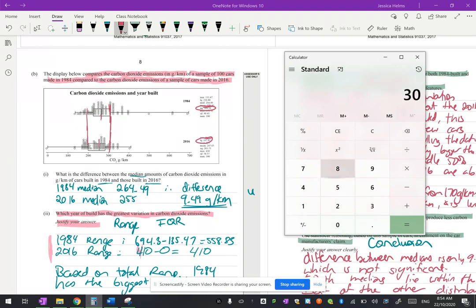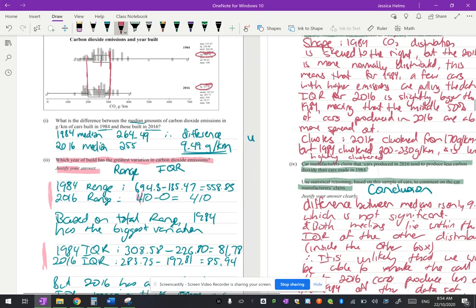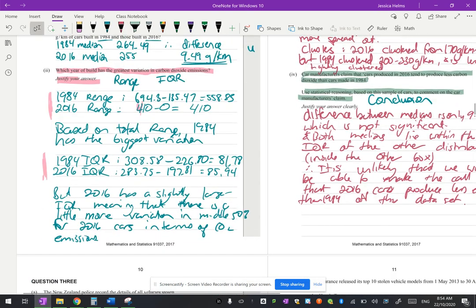So 308.58 minus 197.81, and that is 110.77. Okay, so we have overall visible spread equals 110.77, and we have distance between medians, which we calculated in part 1, is 9.49.